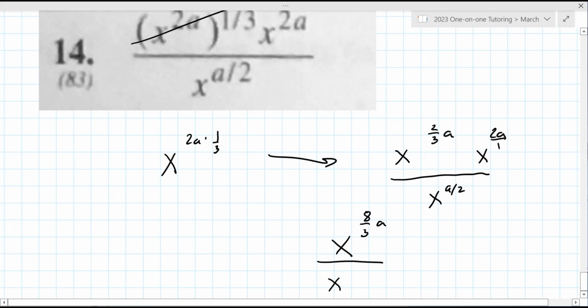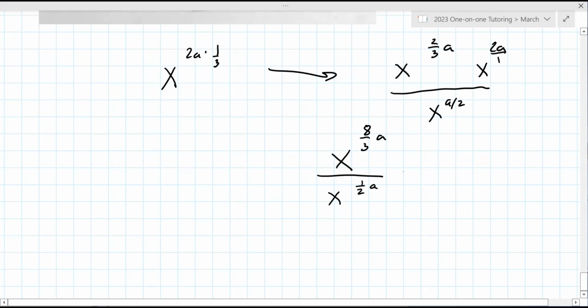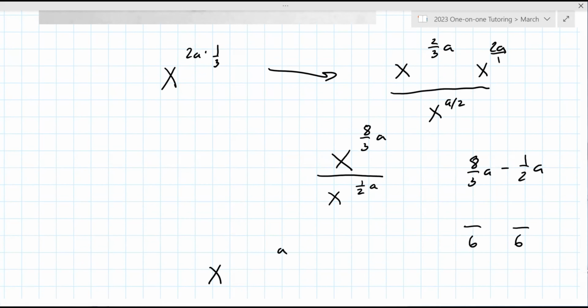And then a way you could rewrite this denominator, which I think would be helpful, is write it as 1/2 a. And then when the bases are the same and you're dividing, you subtract the exponents. So you've got to take 8/3 and subtract 1/2 a like that. So what is your final answer on that? 13/6.